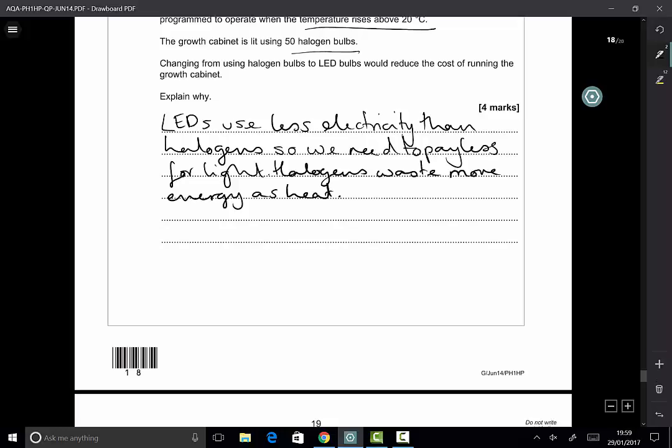So if we're using LEDs, it's going to be less hot, so we're not going to have to run the cooler so much. So we save electricity on cooling.